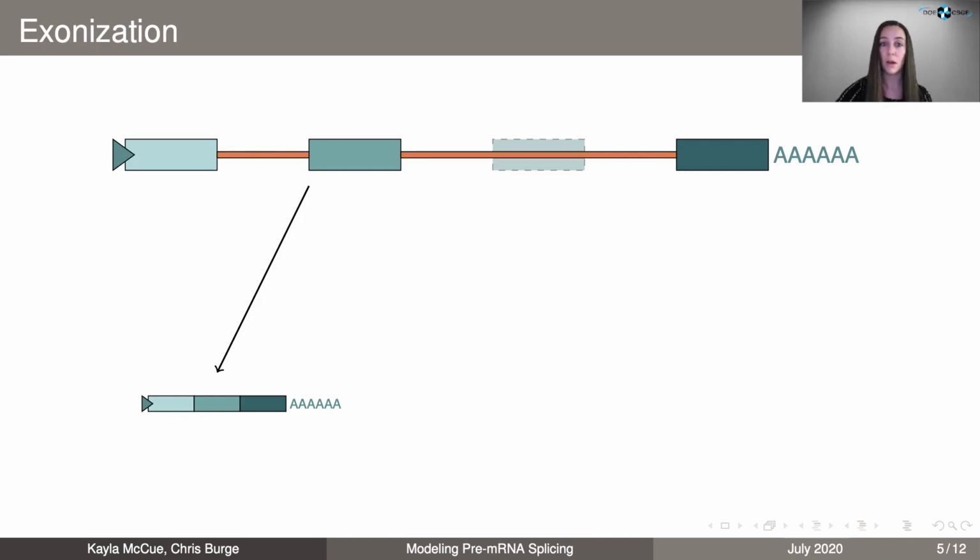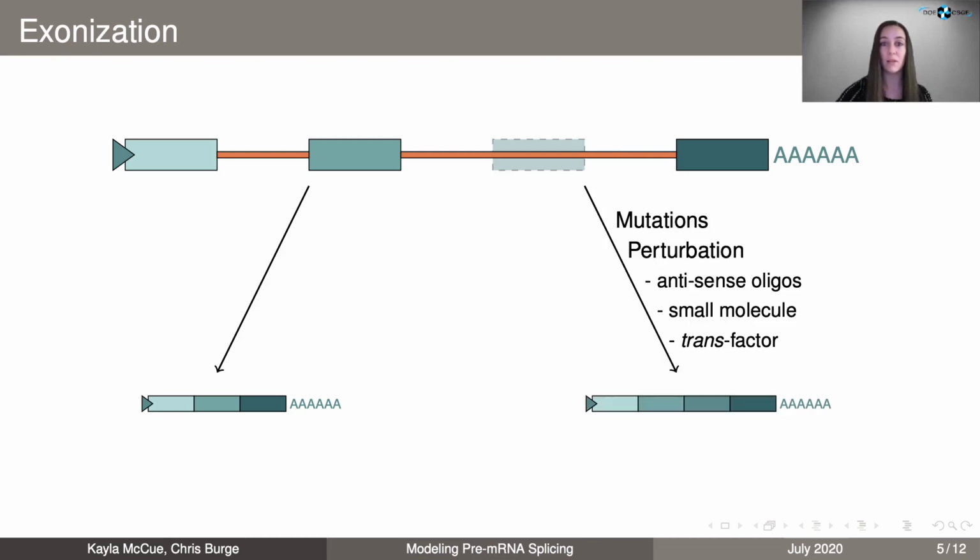A related concept is that of exonization, where an intronic sequence has some potential to be used as an exon, but never is. This sequence can then be exonized by mutations as part of the process of evolution, or by outside perturbations, such as the introduction of antisense oligos or small molecules, or by changes in trans factor concentrations.